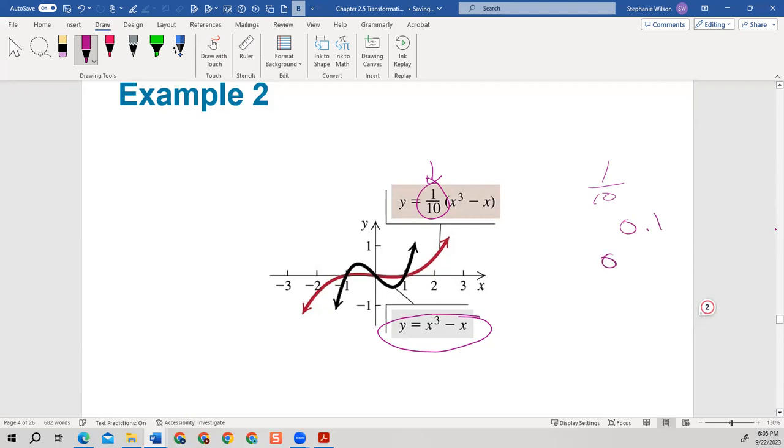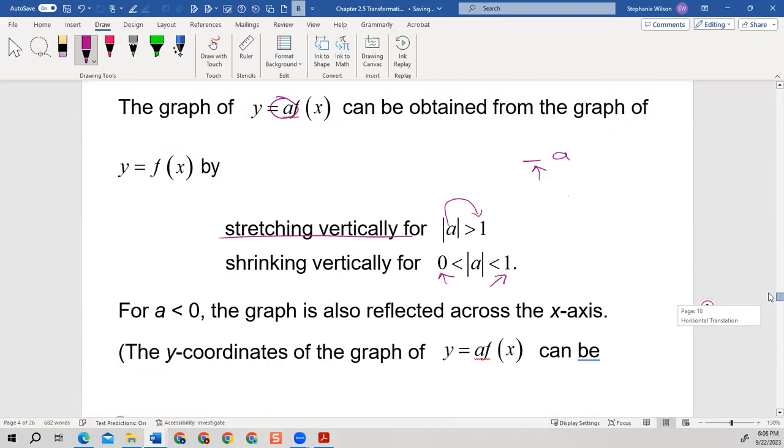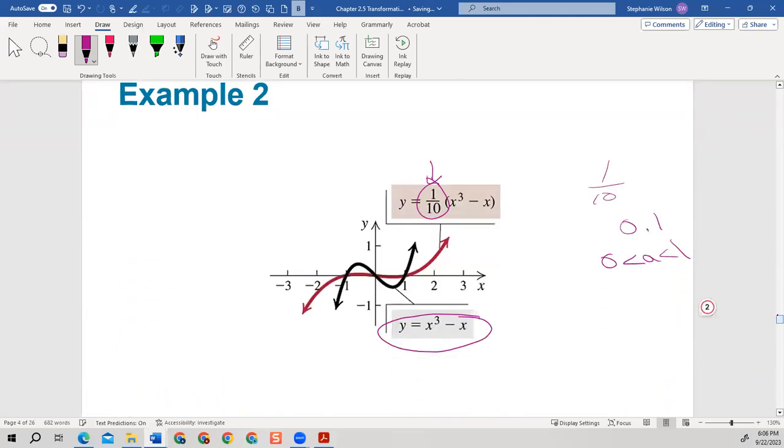So we'd agree it falls between 0 and 1. Since it falls between 0 and 1, the rules up here told us we have a shrinking going on. It looks like it kind of stretched out, but our curves are not as curvy. We got a shrinking of the curves.